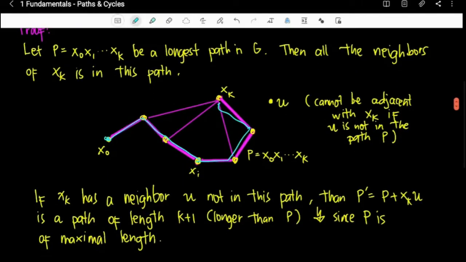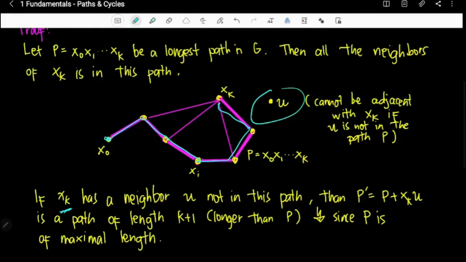Anong sigurado na tayo pag ganito yung scenario? If x sub k has a neighbor u not in this path, let's say this one, neighbor siya ni k, pero wala siya sa path, then yung P prime is a longer path.